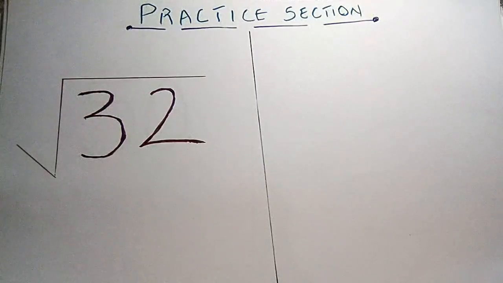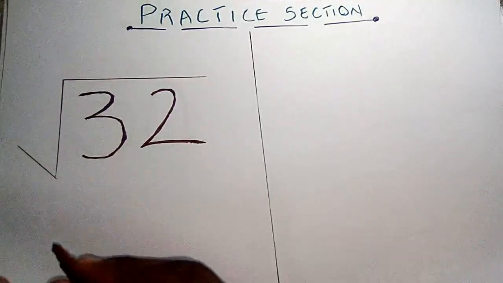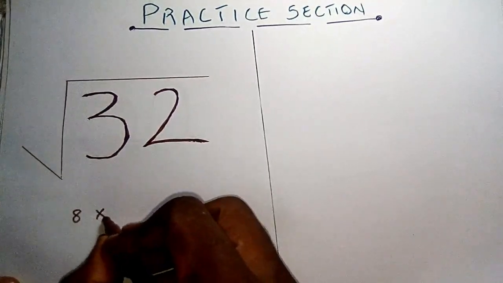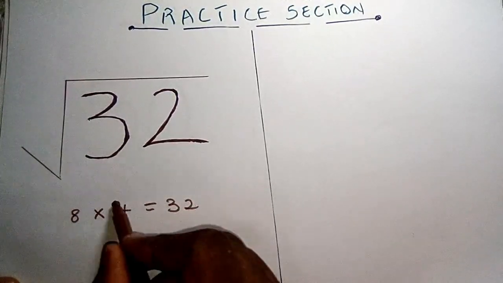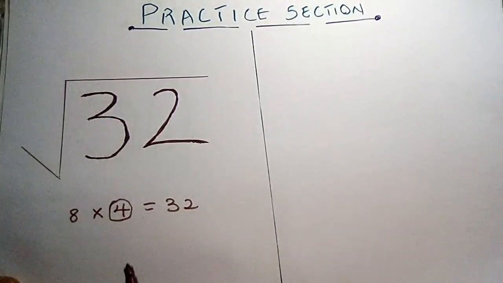There are actually 2 square numbers that you can use to multiply another number to give you 32. So one of them is 8 times 4, 32, this 4 being a square number.